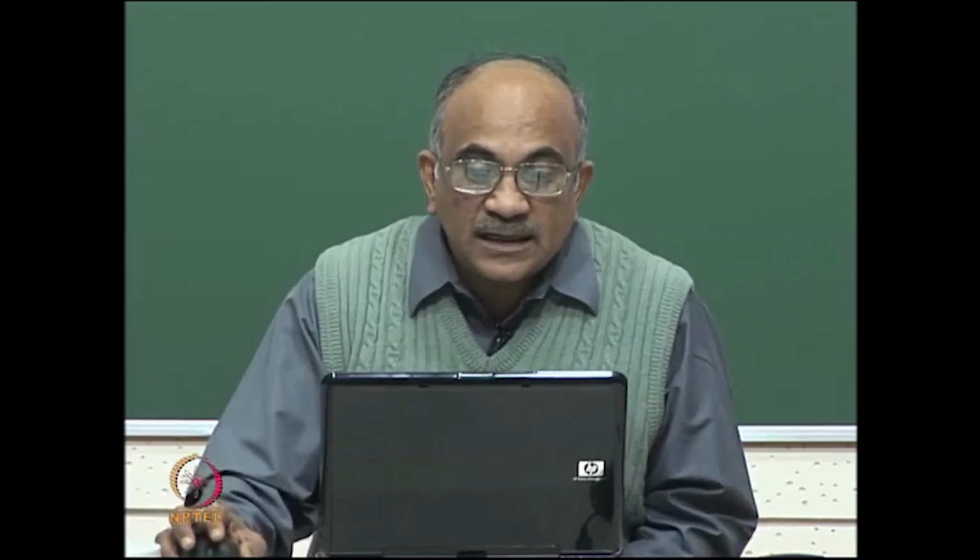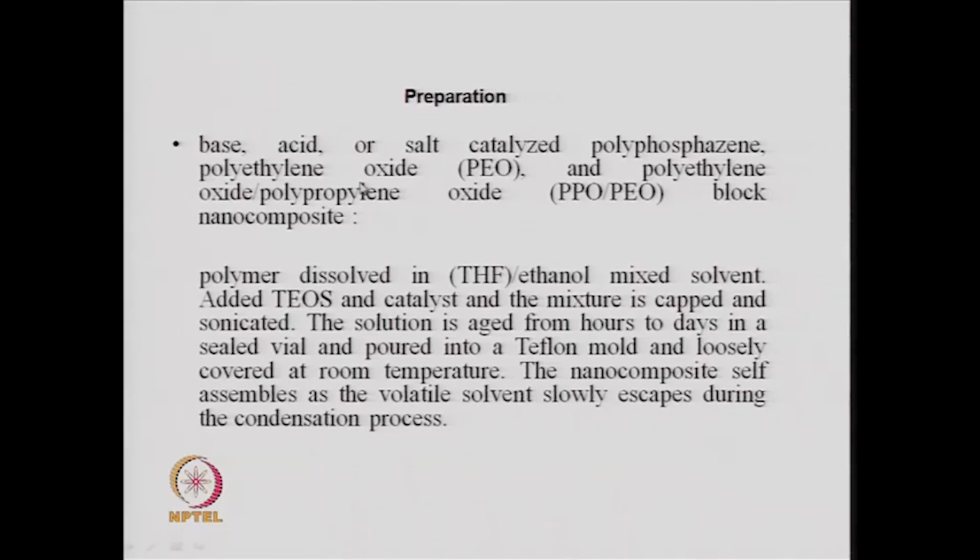Now, this is another mode of synthesis of nanocomposites, where you take a base, acid or salt catalyzed polymer such as polyphosphazene, this is an example, or polyethylene oxide. These are the polymers, and you dissolve the polymer in THF and ethanol. THF is tetrahydrofuran, and you take a mixture.